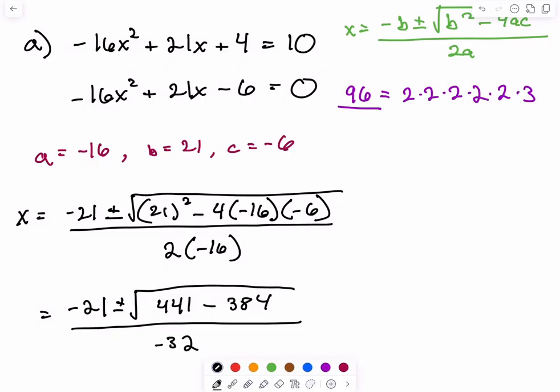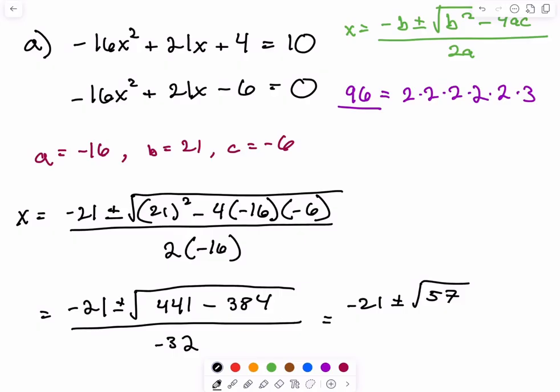Let me see. 441 plus 384 is 57... 57 is irrational, right?